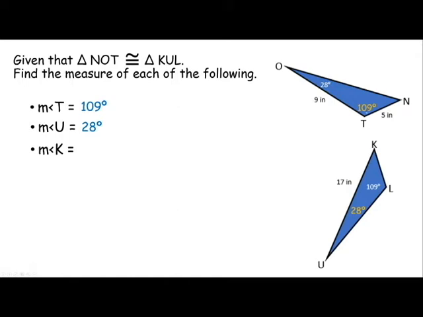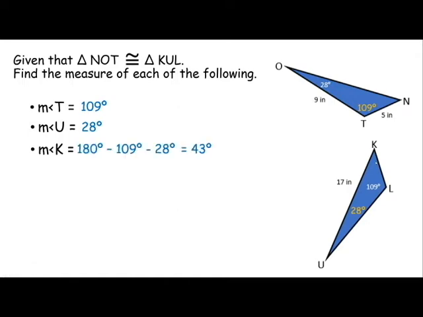So if angle T is 109 and angle O is 28, we should be able to subtract those from the 180 to see what's left for the N. Same thing down here. If angle U is 28 and angle L is 109, we should be able to subtract those from 180, and whatever's left over belongs to angle K. Do you know what that degree measure would be?